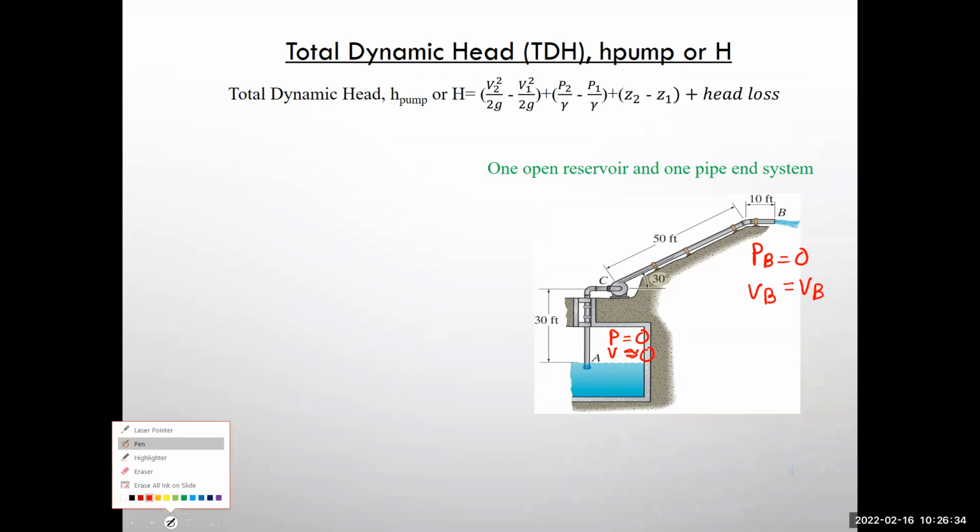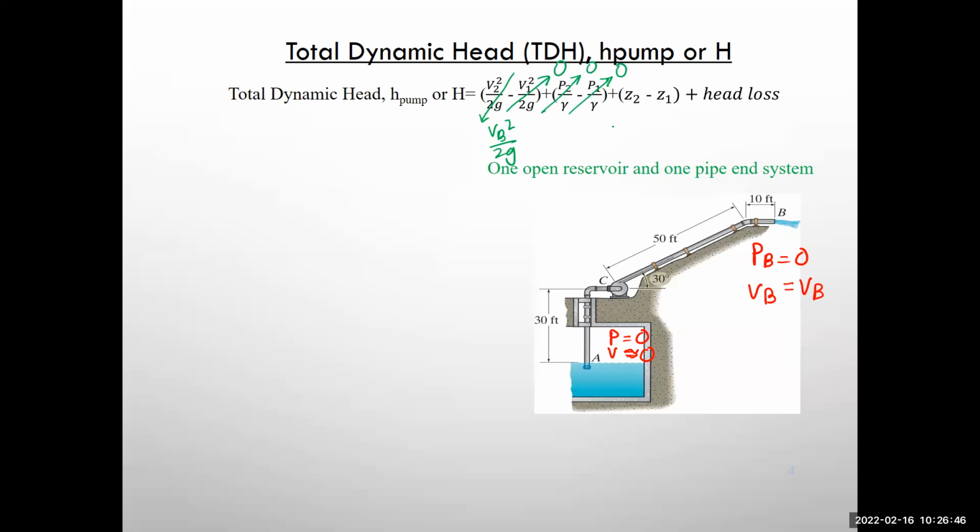So now if you go back to that, V2 is VB, so VB squared over 2g. V1 is 0. P2 is 0. P1 is 0. Z2 minus Z1 is delta Z. And head loss equals K Q to the power N. Right?